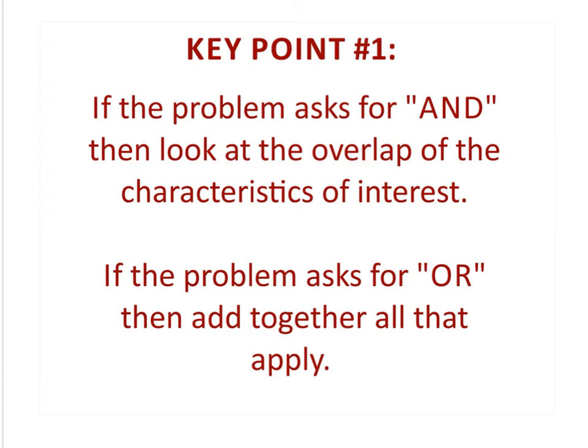So key point 1, if the problem asks for and, then look at the overlap. If the problem asks for or, then add together all that apply. So this is a key point that built on what we talked about in class with this or statement, but now we're adding the idea of and in the overlap.